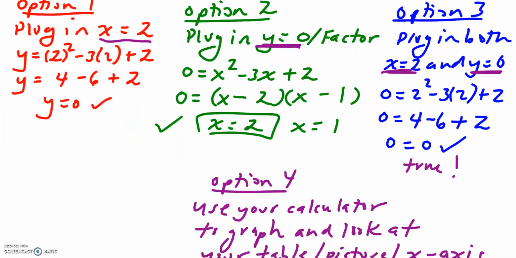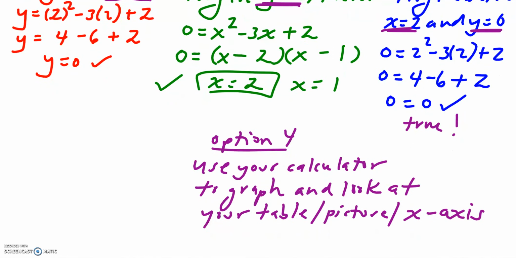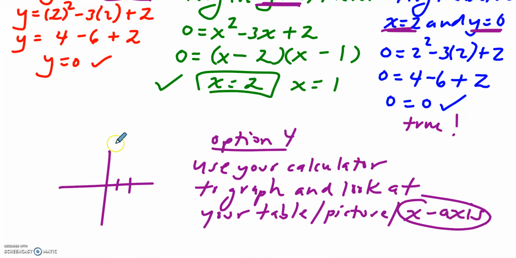Option 4, you could by hand or with your calculator graph the function. You could use your calculator to look at your table, look at the picture, maybe even look at the x-axis to see where it crosses. If I were to graph this, my parabola would look something like this, probably going upwards, hitting the x-intercepts of 2 and 1. How did I know the x-intercepts were 2 and 1?